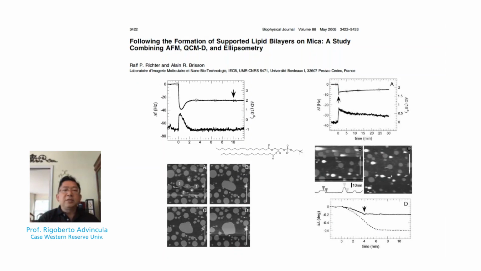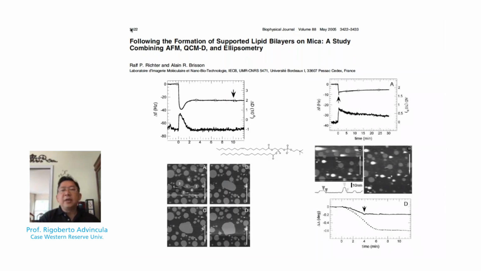Again, the frequency is represented by a decrease in the frequency from 40 to 70 hertz, a difference of 30. And then the dissipation, on the other hand, can be monitored kinetically on the solid line. Now, this experiment can be translated to various conditions, buffered conditions as well, or various concentrations.